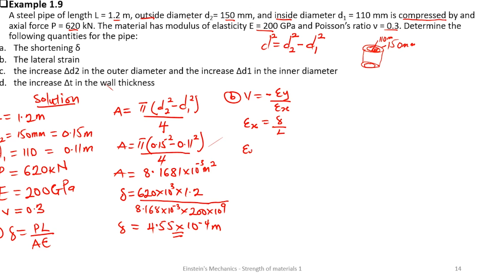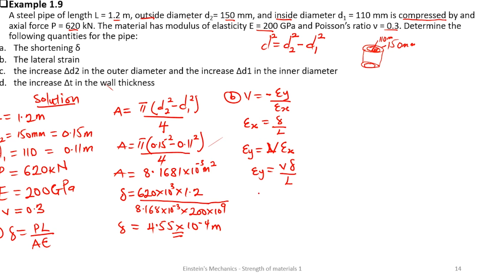Let's ignore the negative because it is showing that this Poisson ratio is negative and it will make the whole thing positive. So the L is coming to multiply. We are going to do cross multiplication here. So this is going to be V multiplying this. So the lateral strain can be replaced by V times elongation on L.